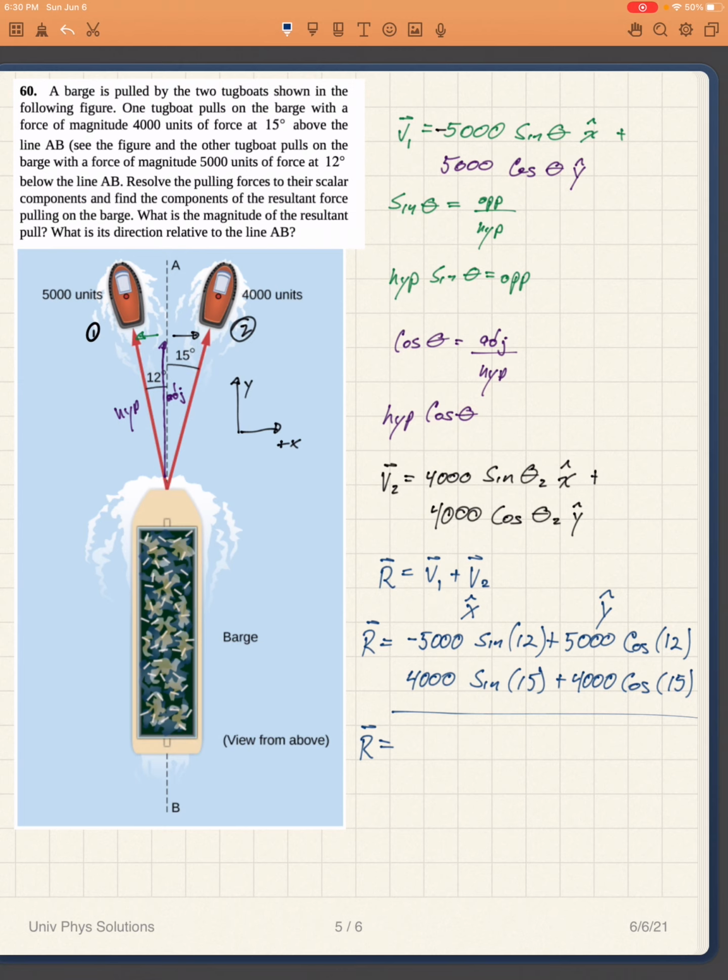We'll have to put that in the calculator. Let's see how much that is. I have a calculator here.